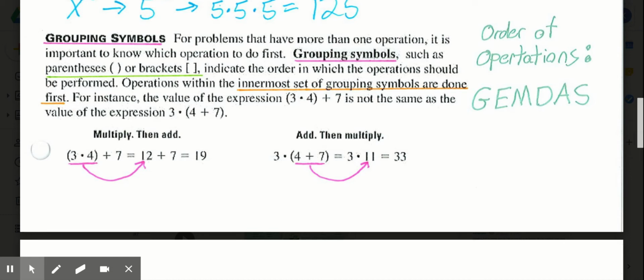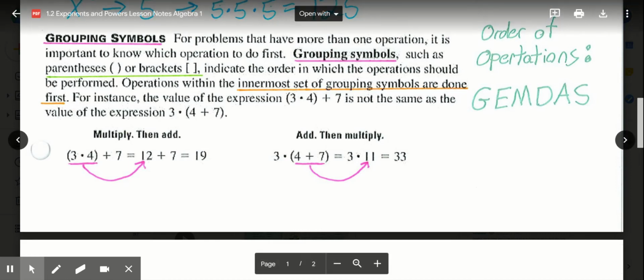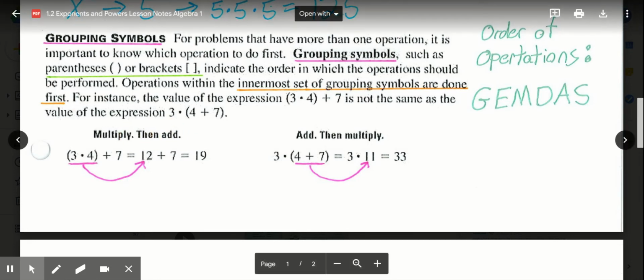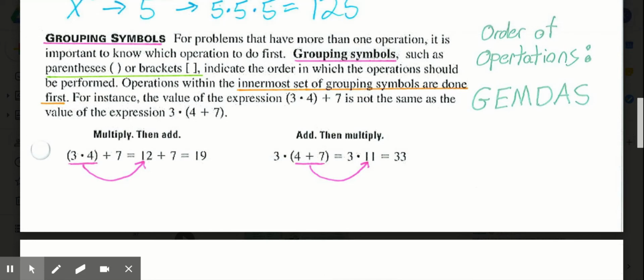And we'll take a look at quite a few of those examples as the year goes. So our 2 examples here. This one on the left, because the 3 multiplied by 4 is inside our parentheses, we have to multiply and then add the additional 7. So 3 times 4 gave us 12, 12 plus 7 gave us 19.